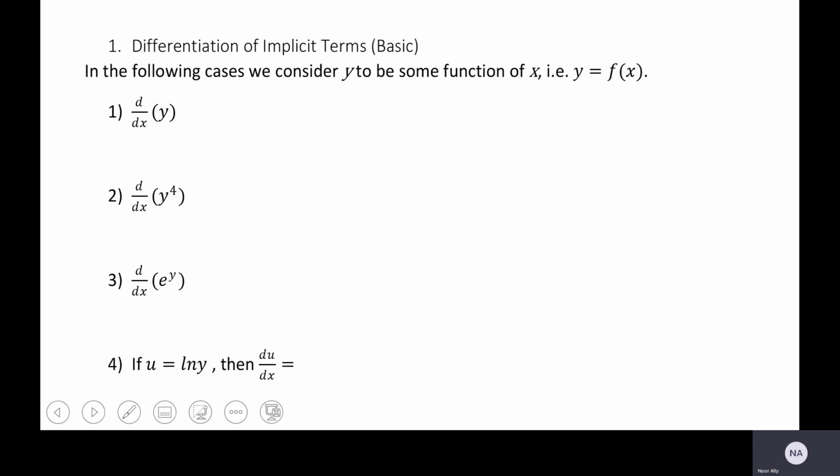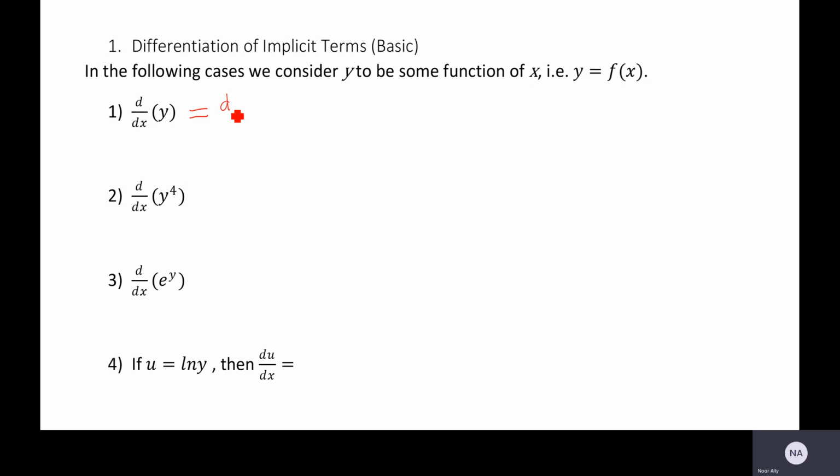So how do we go about differentiating the implicit terms? Let's look at the very basic ones. Here we're considering y to be some function of x, that is, y is equal to f of x. In the first one, if we want to differentiate y, that will be pretty straightforward.